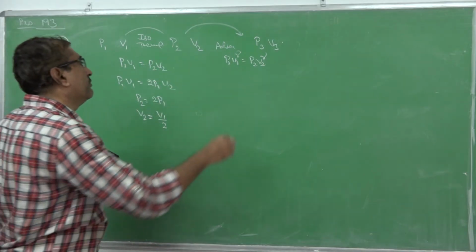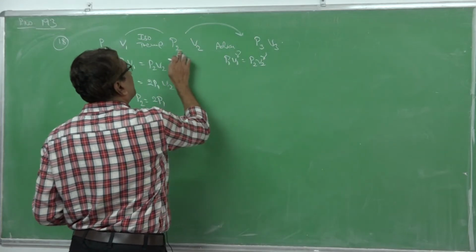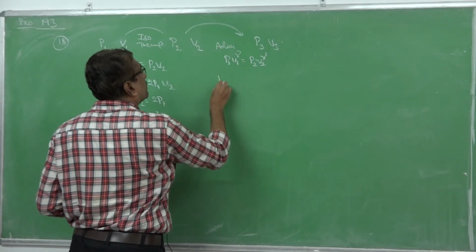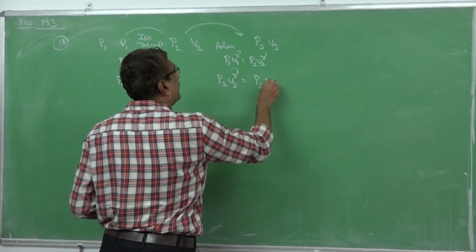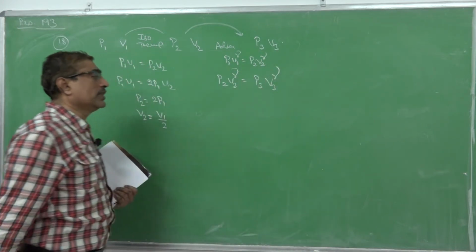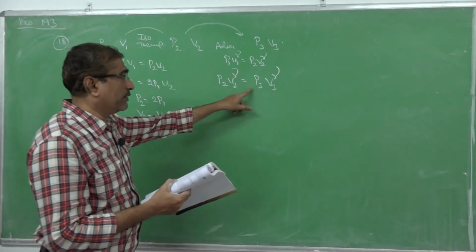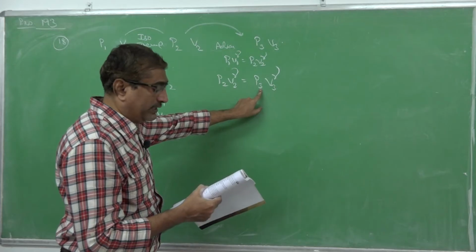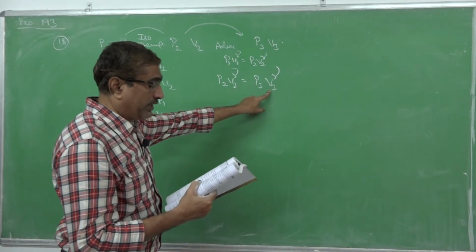Now from here, it is the adiabatic process, that means P2 V2 is the initial one. So P2 V2 to the power gamma is equal to P3 V3 to the power gamma. But it is given that after the adiabatic process, pressure is 0.75 times that of P1 and V3 is that of the initial one only.